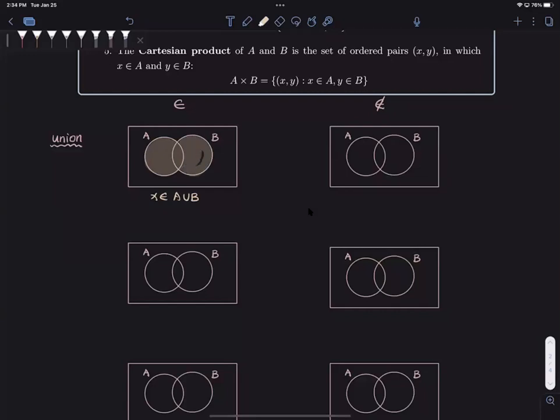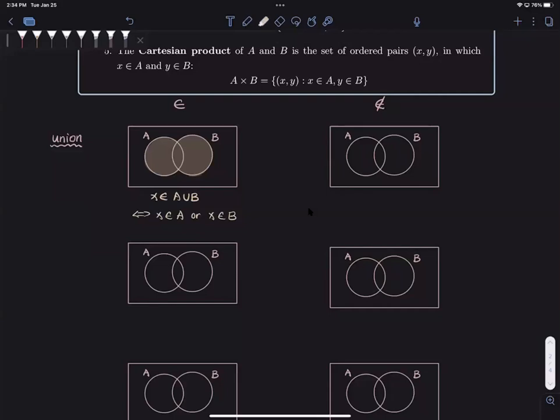It could be in A, it could be here, could be here. So this is equivalent to X is in A or X is in B. This is what everyone knows.